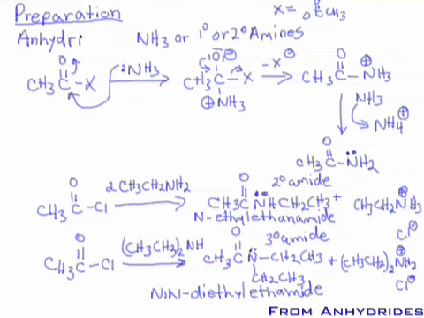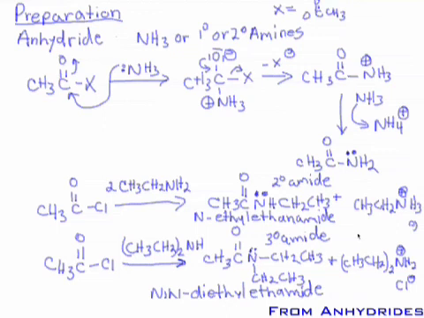Now this is all drawn out for you again in your notes, but it's the exact same mechanism. The only difference is we're kicking out a different leaving group. Nothing changes. If I do the exact same reaction with the exact same amines, I get the exact same product. The only thing that changes is the leaving group, and so the salts that form, our chlorides here, let's write what changes in a different color.